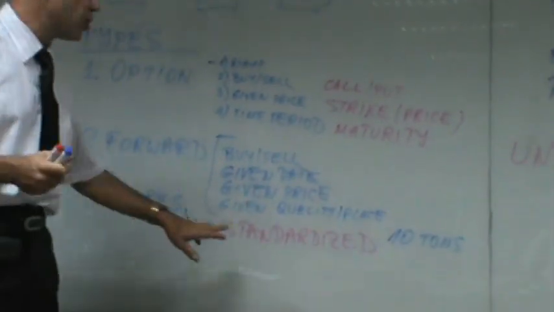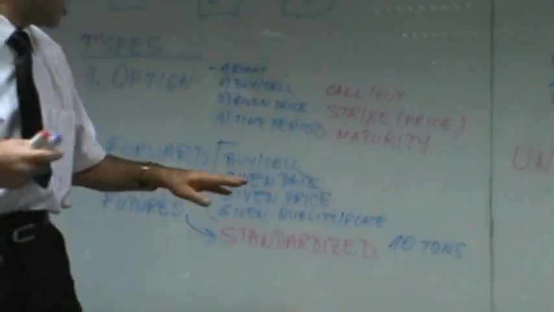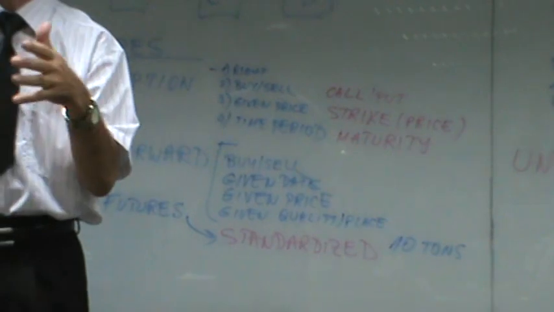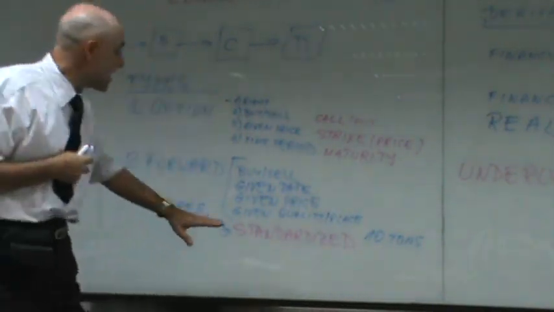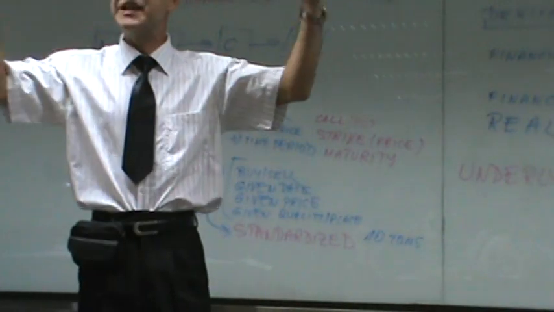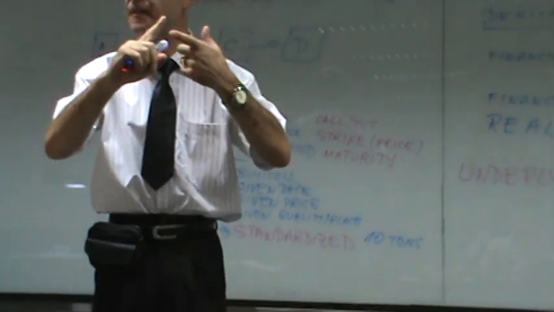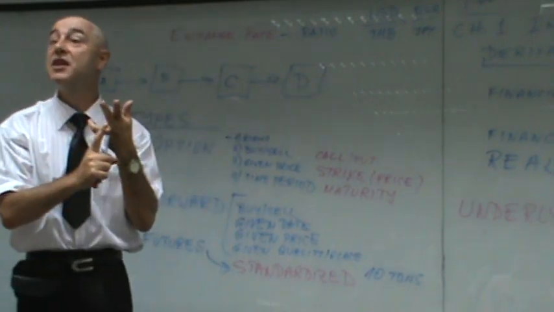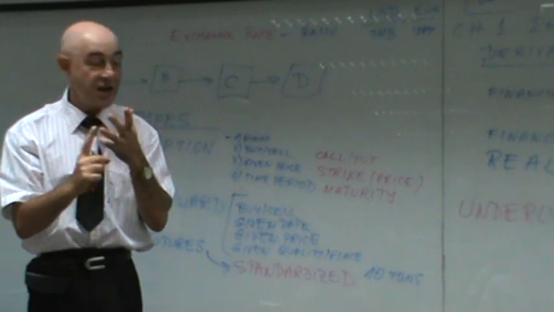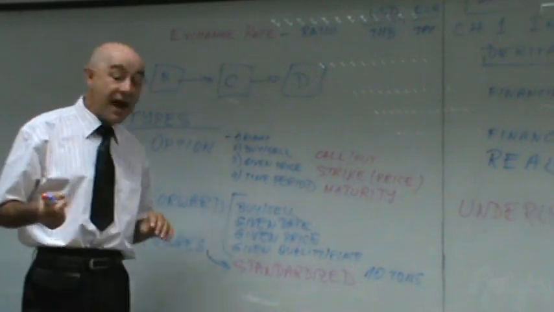So, one futures contract will be 10 tons of rice of a certain B plus quality delivered in a warehouse in Bangkok. Okay? So, standardized means it specifies the size, specifies the quality, and specifies the delivery location. It gives you standard specifications.